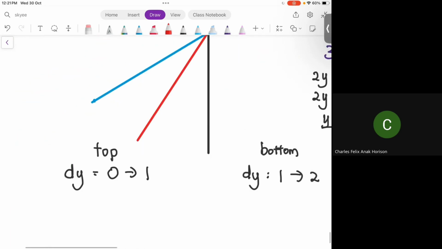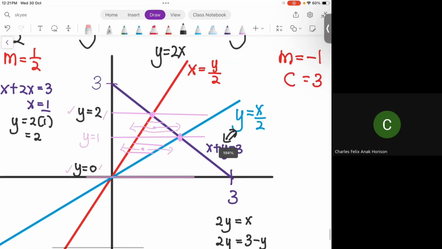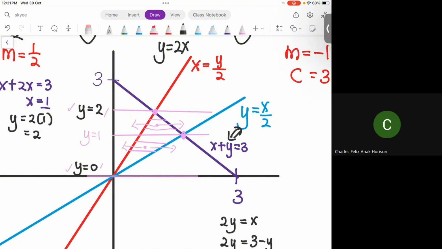So my dx will be from y over 2 to what? To the blue line. The blue line equation is y equals to x over 2.